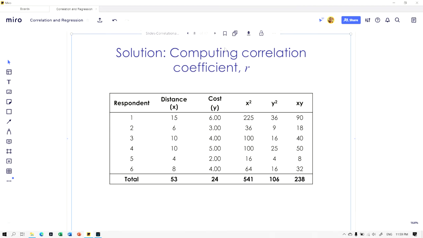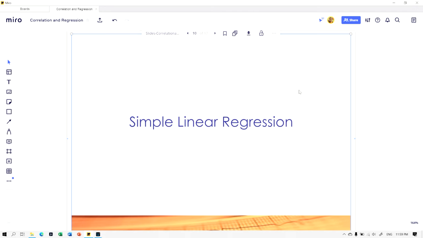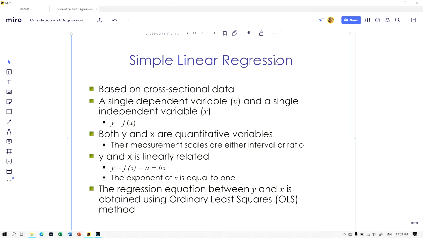Next, we're going to look at simple linear regression. Simple linear regression is based on cross-sectional data. It means data that is obtained at a particular point of time, not over a period of time.